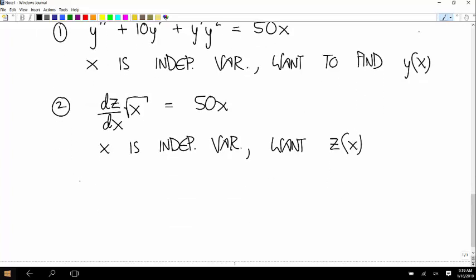Another example we could see is, let's say dx dt is equal to 10t, and dy dt times t squared is equal to 5.